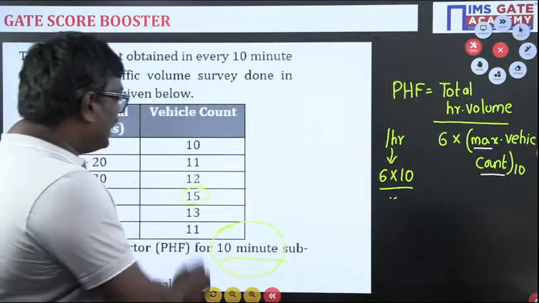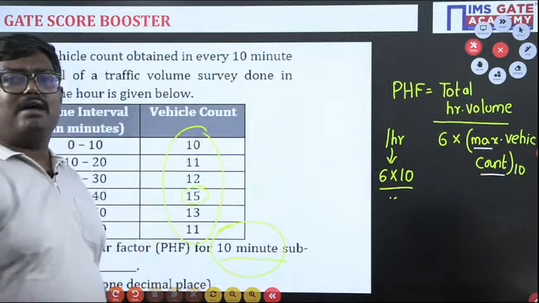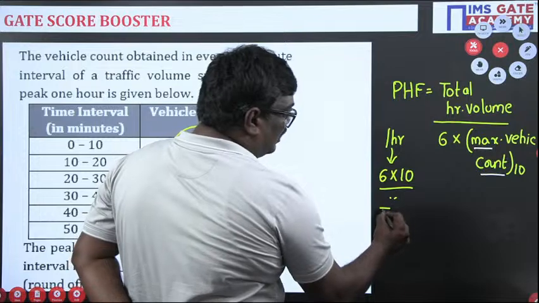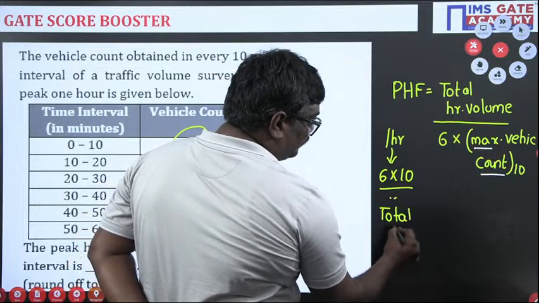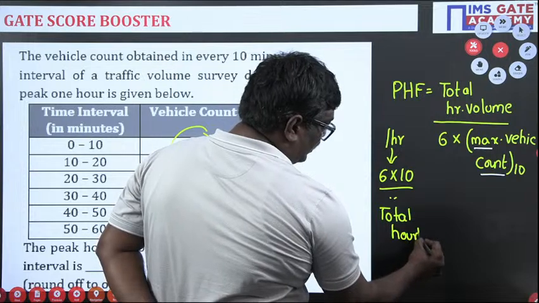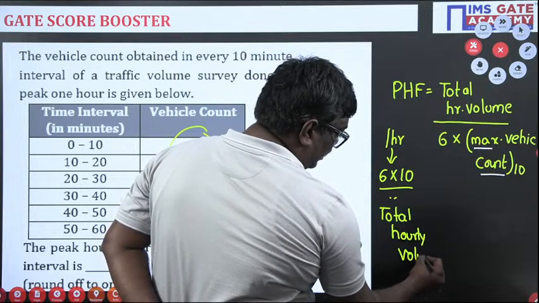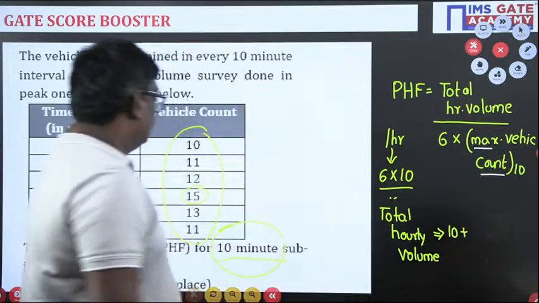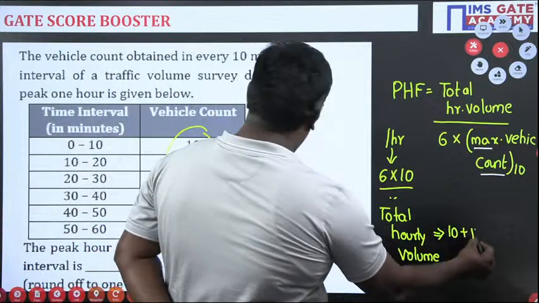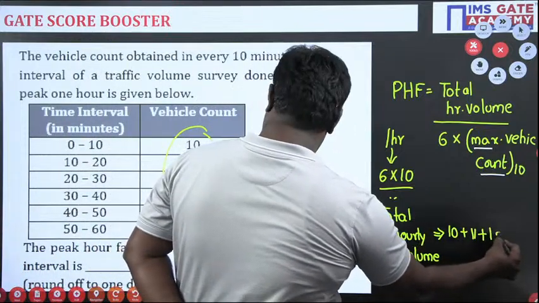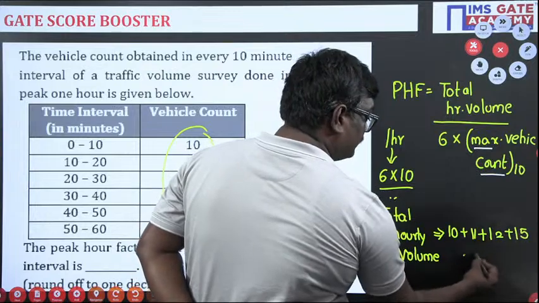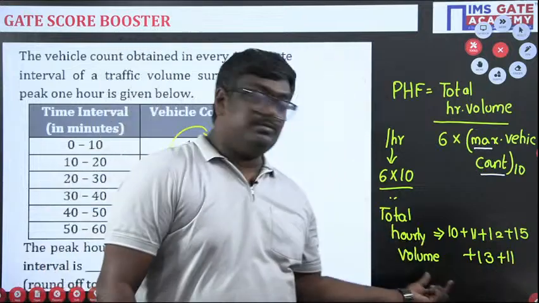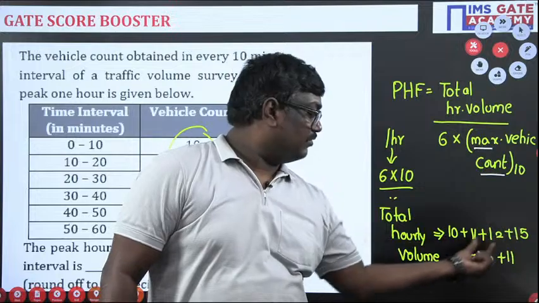Now let us add the total hourly volume. Total hourly volume is what, sir? The summation of these values. So total hourly volume is equal to 10 plus 11 plus 12 plus 15 plus 13 plus 11.